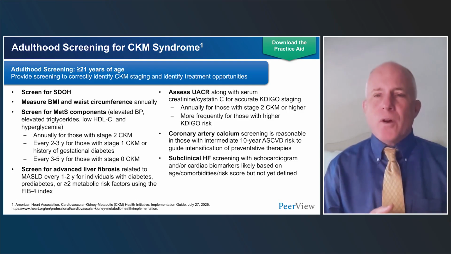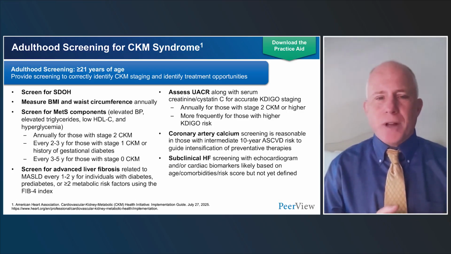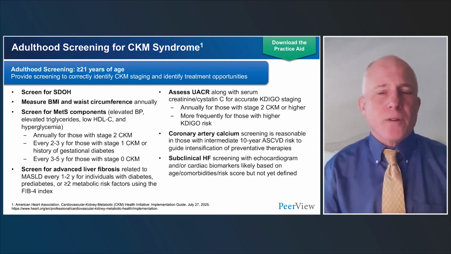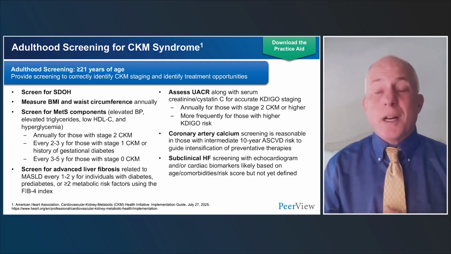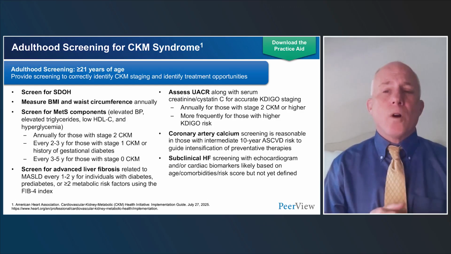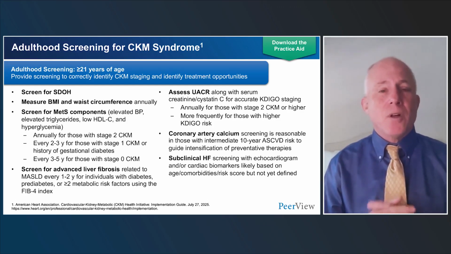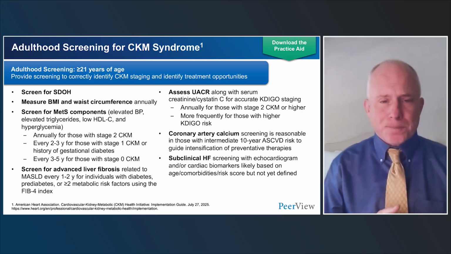And also, I would add, for any patient who has excess adiposity or metabolic syndrome or diabetes, think about also screening for MASLD or metabolic associated steatotic liver disease. It is incredibly common. It's 30% of the world's population, and it's probably more than 65 or 70% of people with excessive weight or type 2 diabetes or metabolic syndrome.